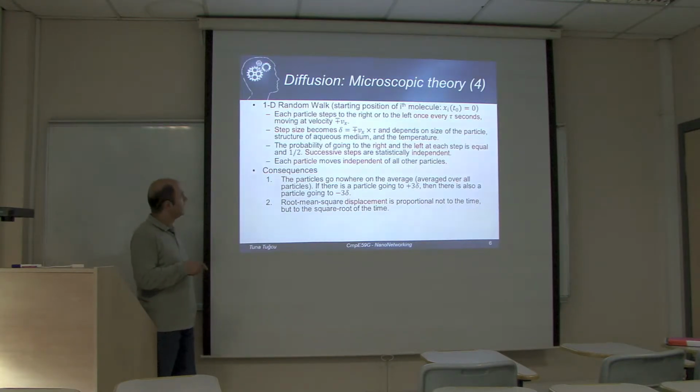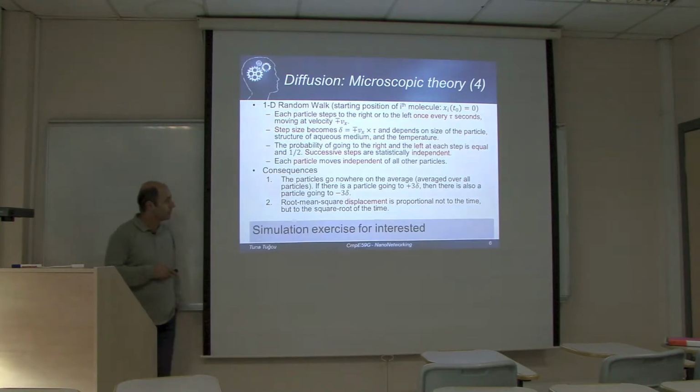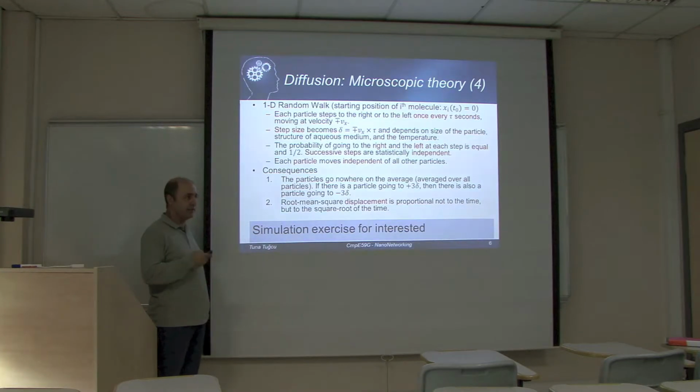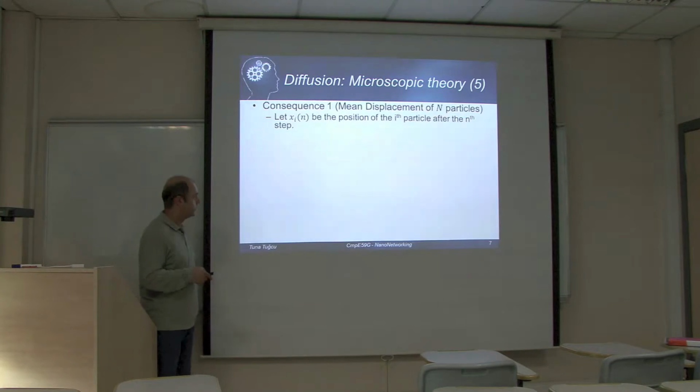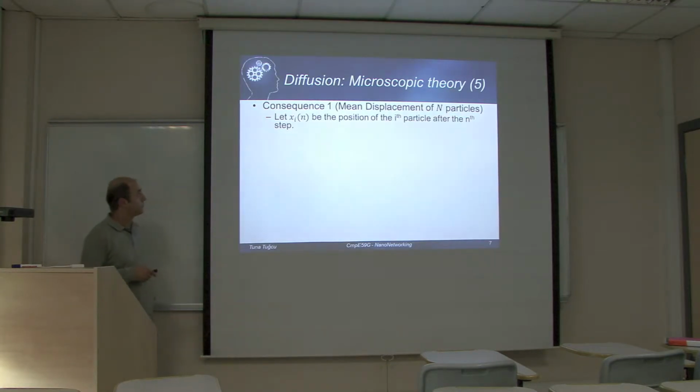Okay? Now we will develop more on these consequences. But if you're interested, you can have a simulation of this. This is a pretty simple case. You can have a simulation of this to see that this really works that way, if you're not convinced.